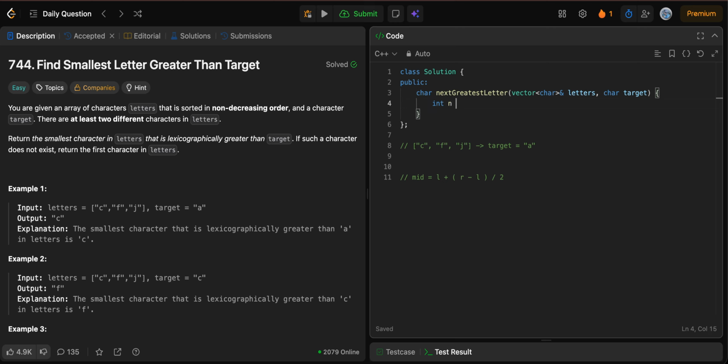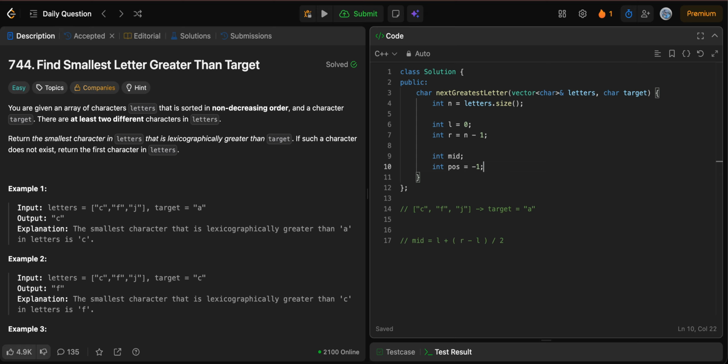int n is equal to letters.size(), and then int l is equal to 0, and int r is equal to n minus 1, and int mid. Then int position is equal to minus 1, because initially we don't have anything.